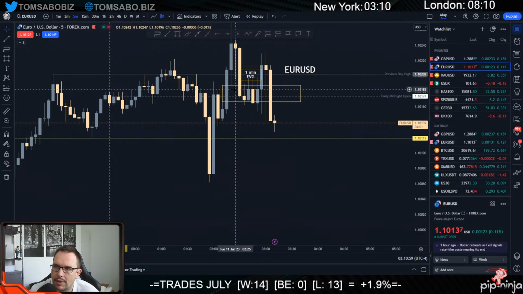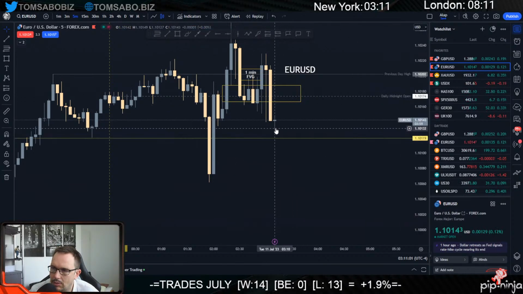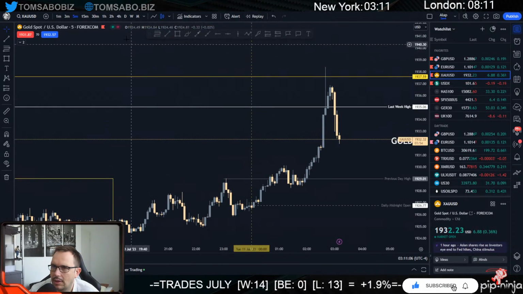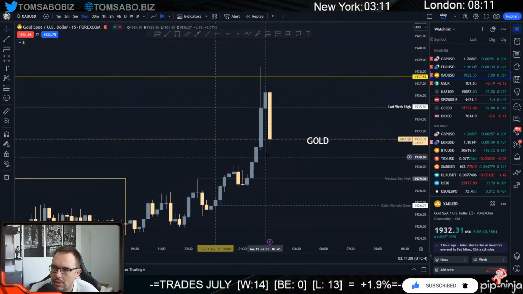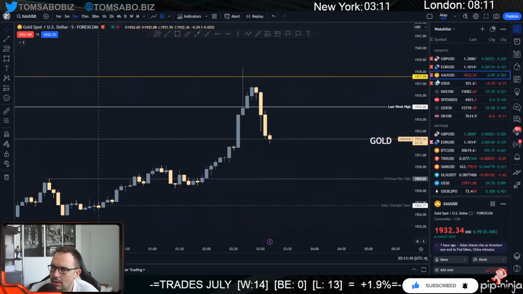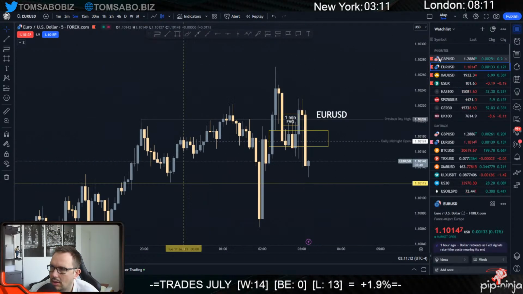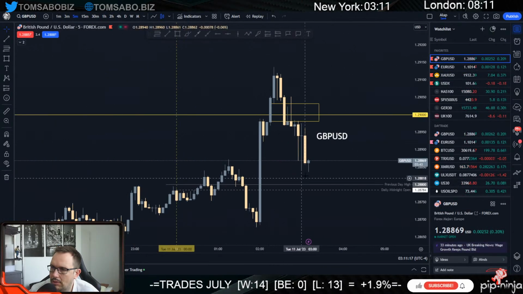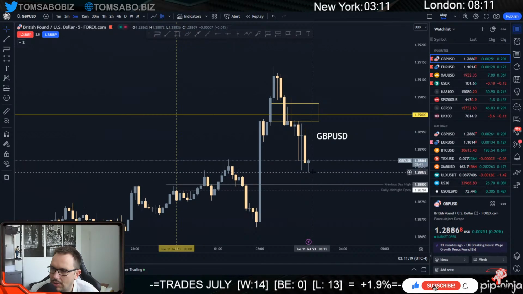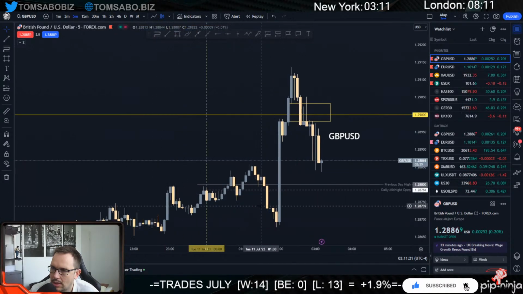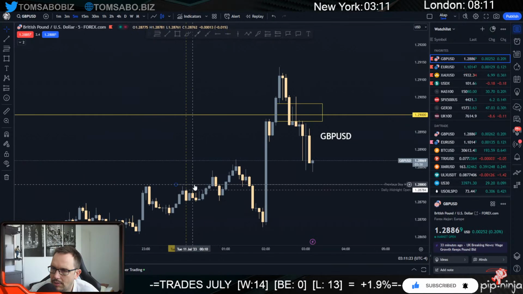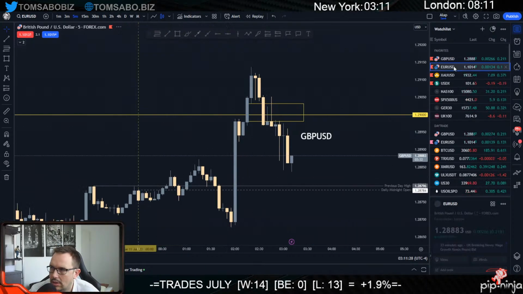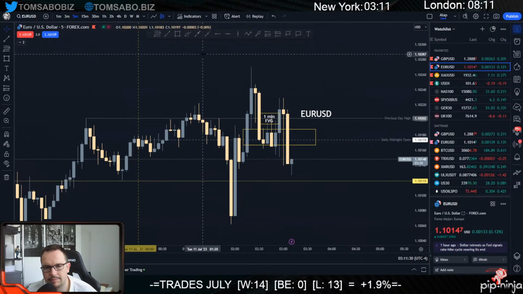If this 5-minute candle would close below here, that would be an even stronger confirmation. Still have some fair value gap to be repriced on gold. What's pound doing? Pound still has some range to rebalance. Previous day high was right there. Interesting.